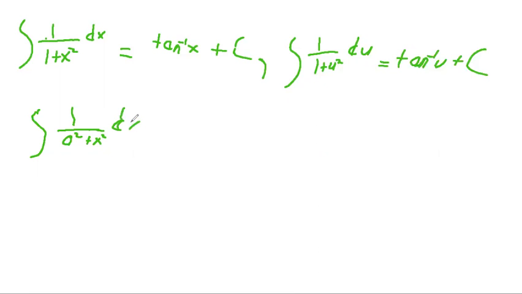Now, we already have this result right here. If your a was equal to 1, we know this to be true just from calculus 1. But now we have a squared plus x squared, not just 1. So how do we manage this?